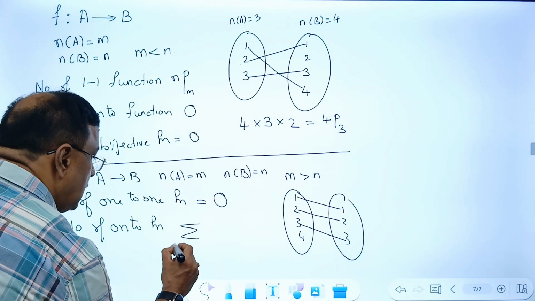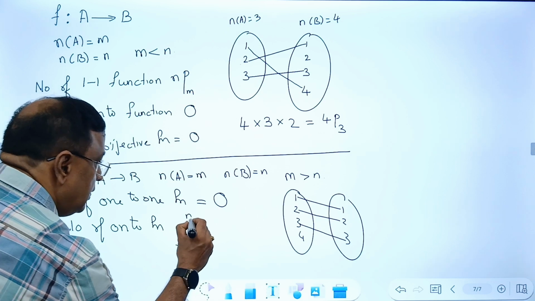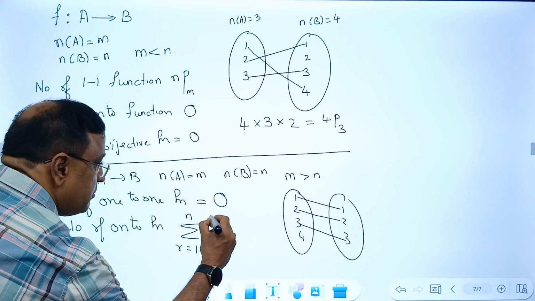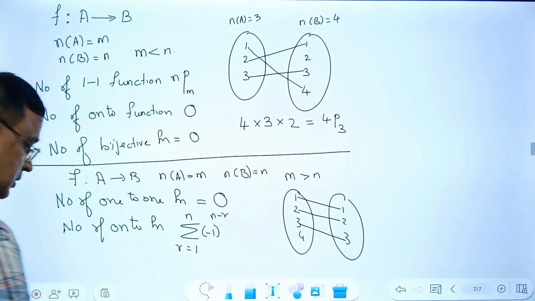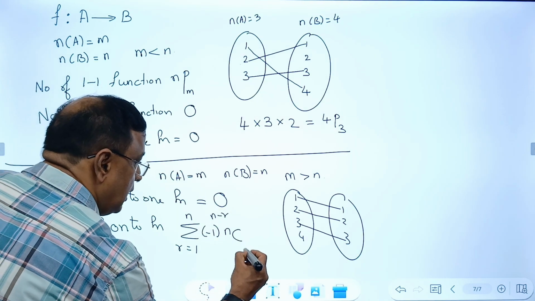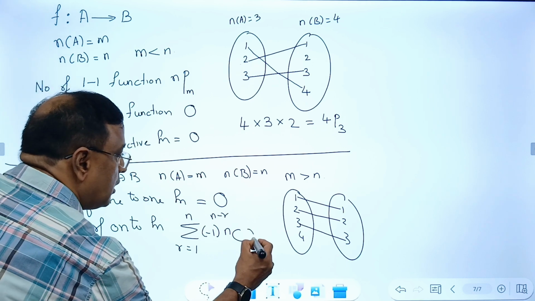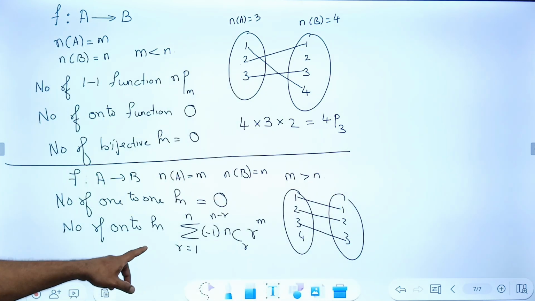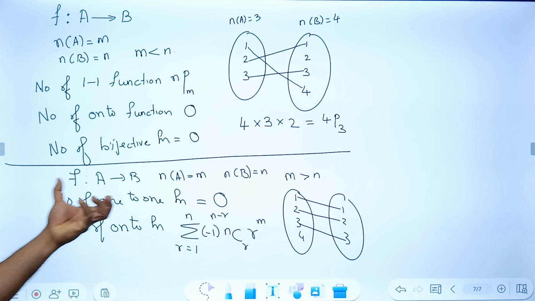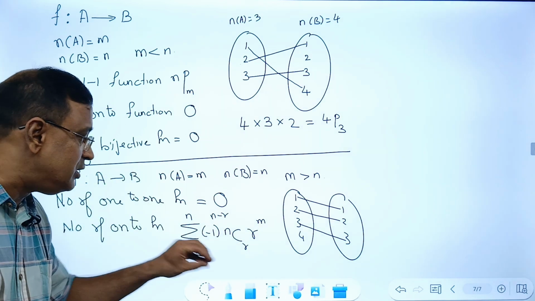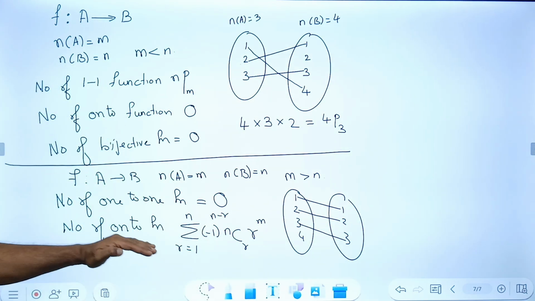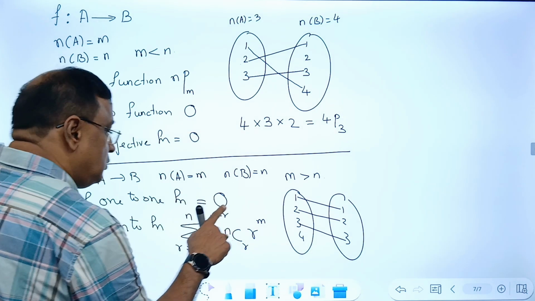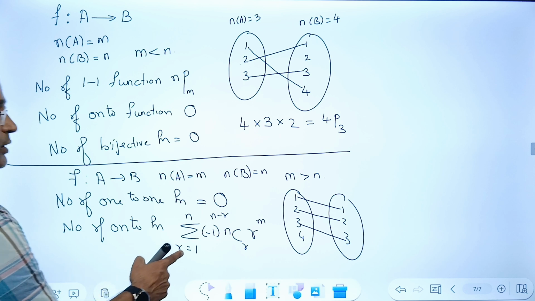The sum over r equal to 1 to n of minus 1 to the power of n minus r, nCr, r power m. If you put it in this, you will get the number of onto functions. But to my knowledge, this is not required. Just for information, I gave it to you. So the number of one-to-one functions is 0. The number of onto functions can be calculated using this.